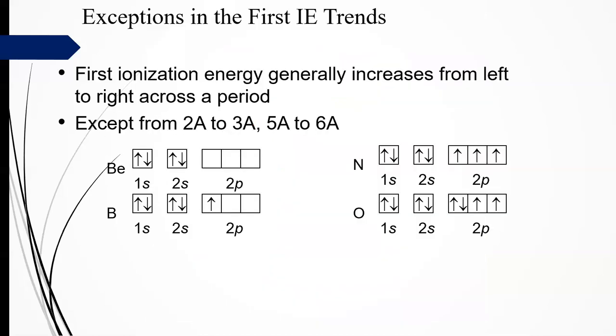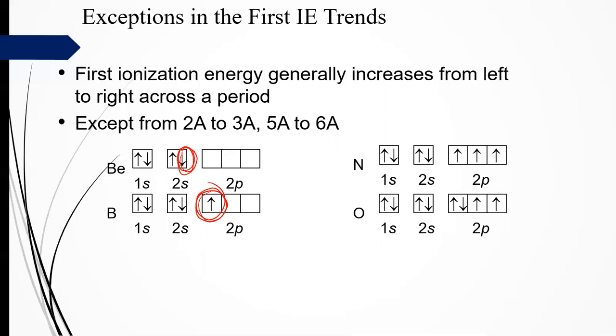So one of our first exceptions in ionization energy trends is that when we say it increases from left to right, what's going on is between beryllium and boron, we see our first break. And that's because when we ionize boron, we're removing this 2p electron versus when we ionize beryllium, we're removing this paired one.